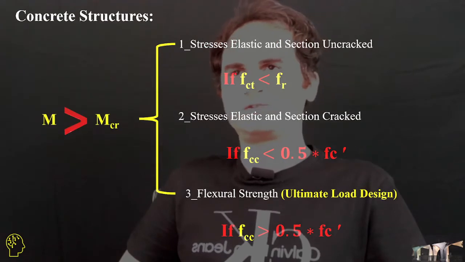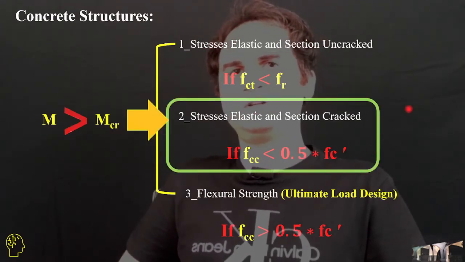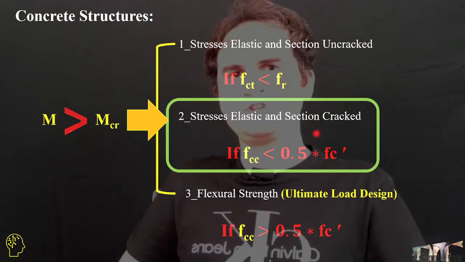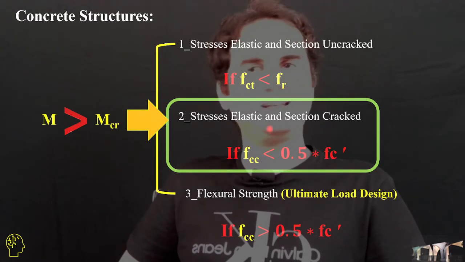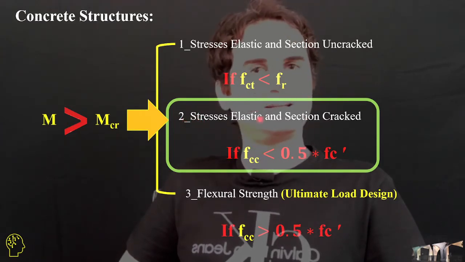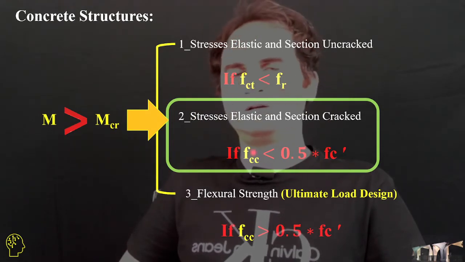So if M is higher than M crack, it should be either category 2 or 3. We assume it is the second category and double check the criteria for that part.